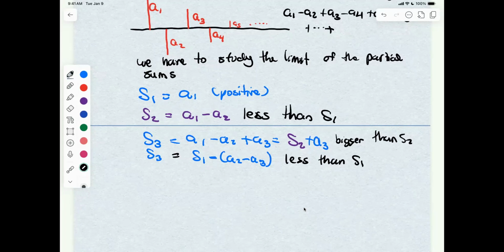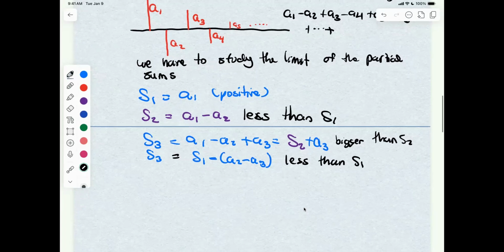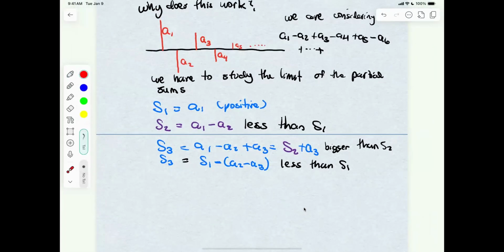Sorry, yes. Maybe the picture, how I drew it, is a bit misleading here.